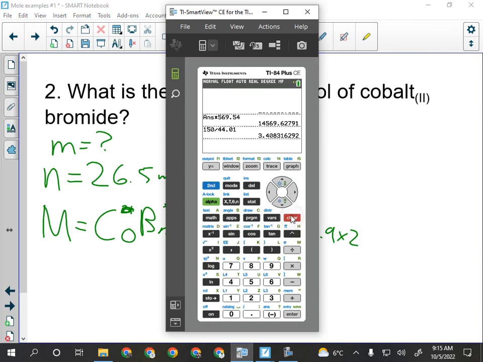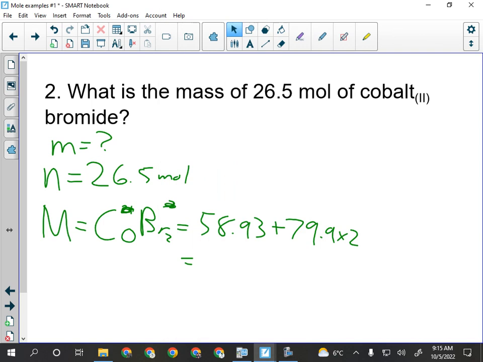So 58.93 plus 79.9 times 2, 218.73 grams per mole for big M, my molar mass. So I'd have 1 mark for that.